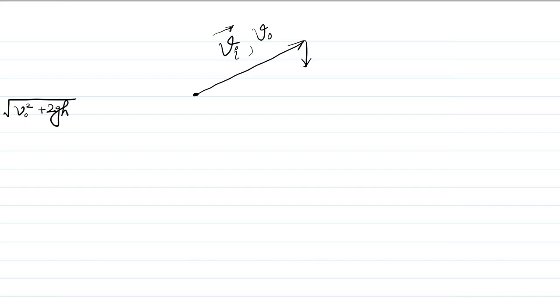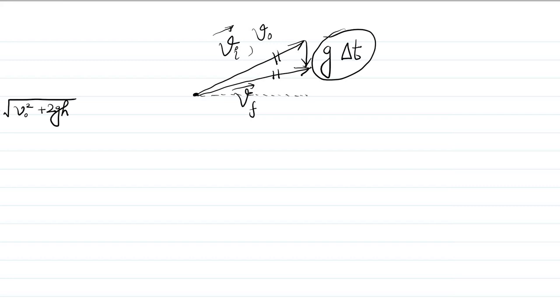During this time interval of delta t, there is a change in velocity of g times delta t, which is directed downwards, because of which the final velocity after time delta t becomes something like this. It slightly changes its direction. Now, as we can see, these two lines must share a common horizontal component. This is because there is change in velocity only along the vertical direction. So this vertical component of change in velocity g delta t is going to increase something like this.